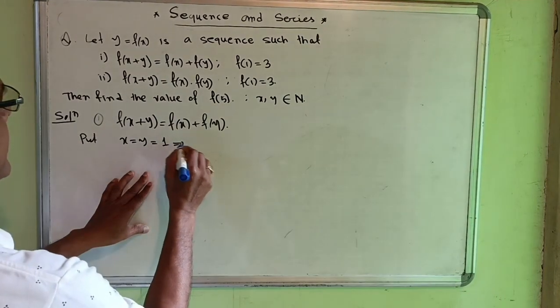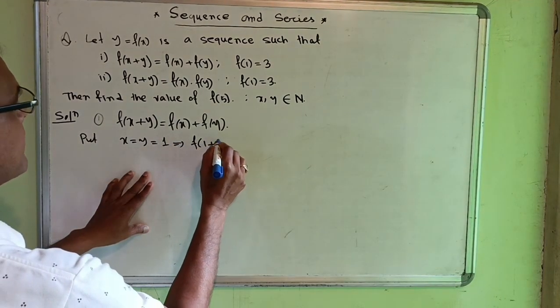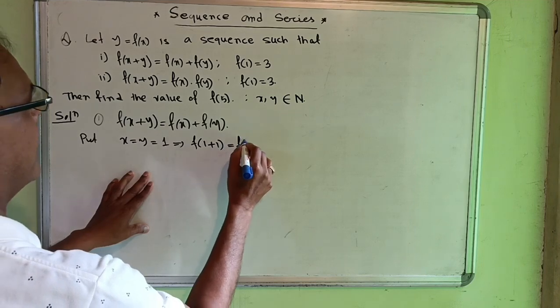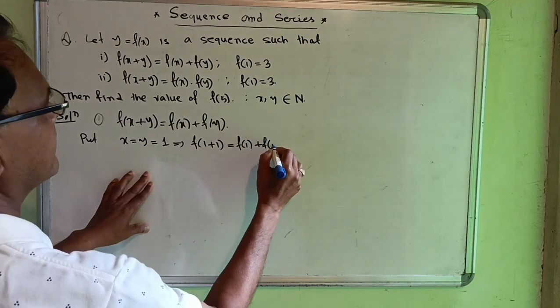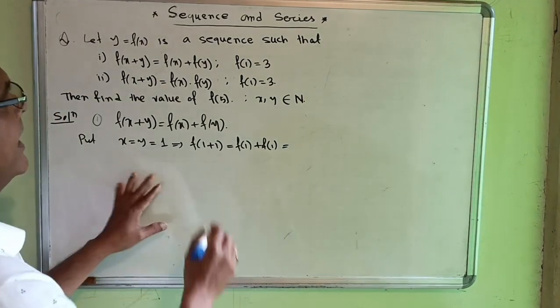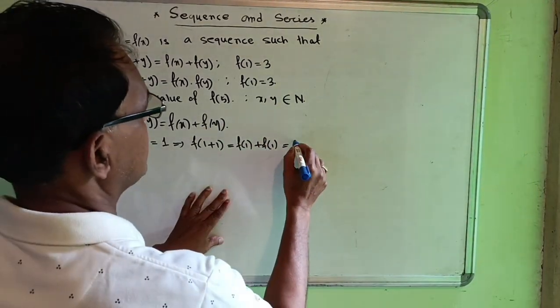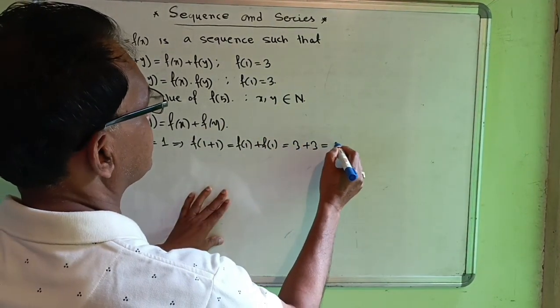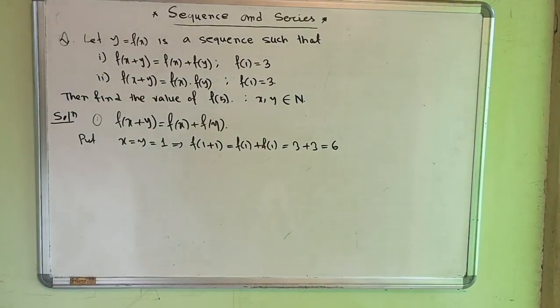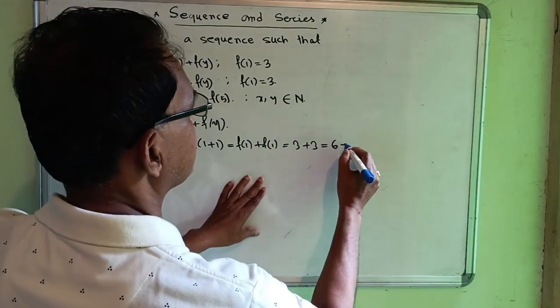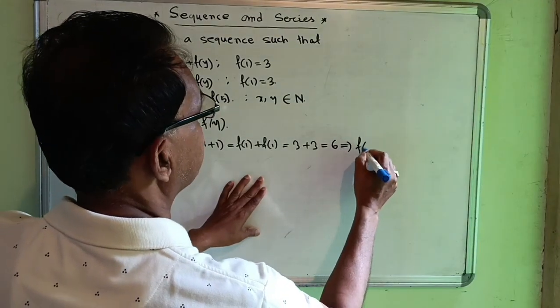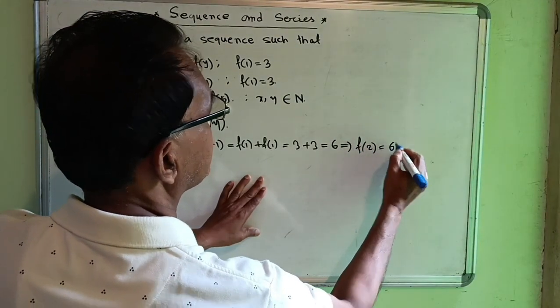Then we get f(1 plus 1) is equal to f(1) plus f(1). f(1) is given as 3, so 3 plus 3, which implies we get 6. That means f(2) is nothing but 6.